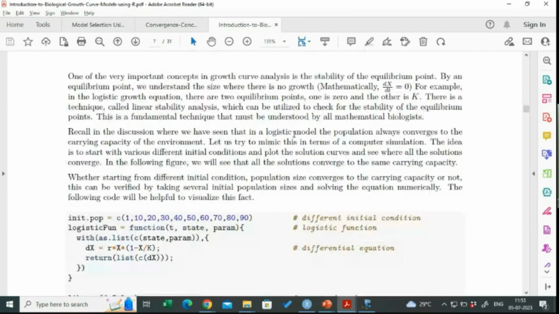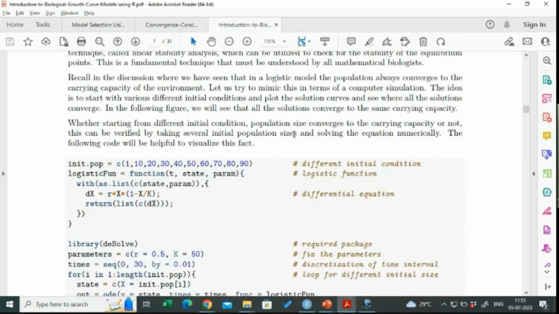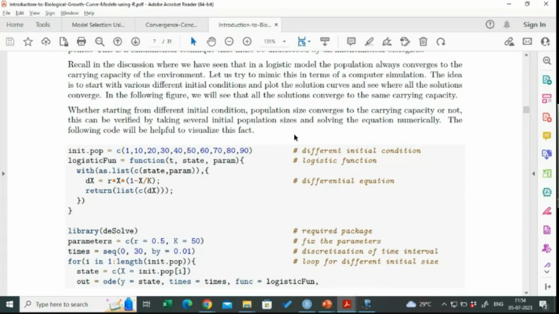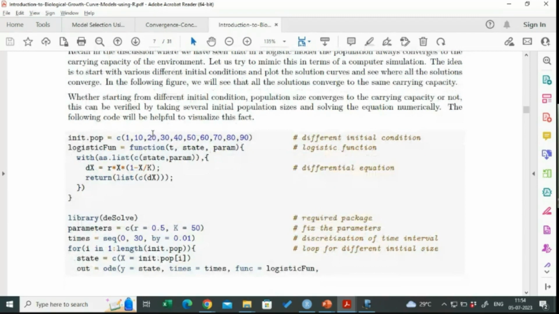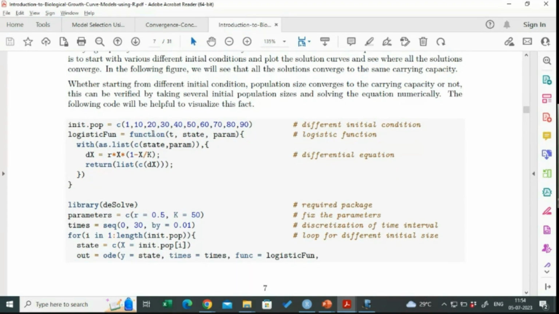I put some description also, so even if you do not have some mathematical biology background, you should be able to read it. Now we are trying to visualize that the population is really settling down at the carrying capacity. For that we take various initial population sizes, and this is the logistic function.